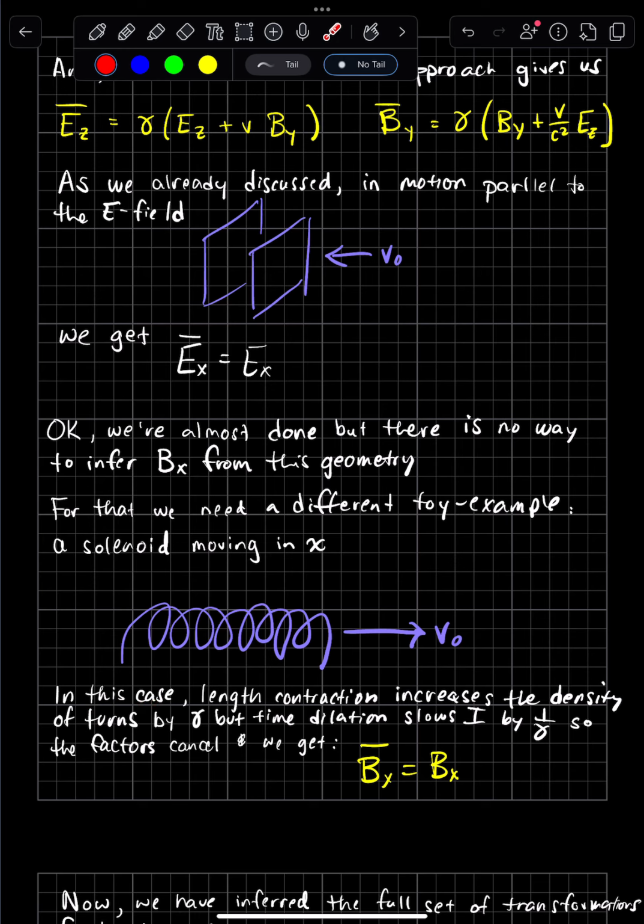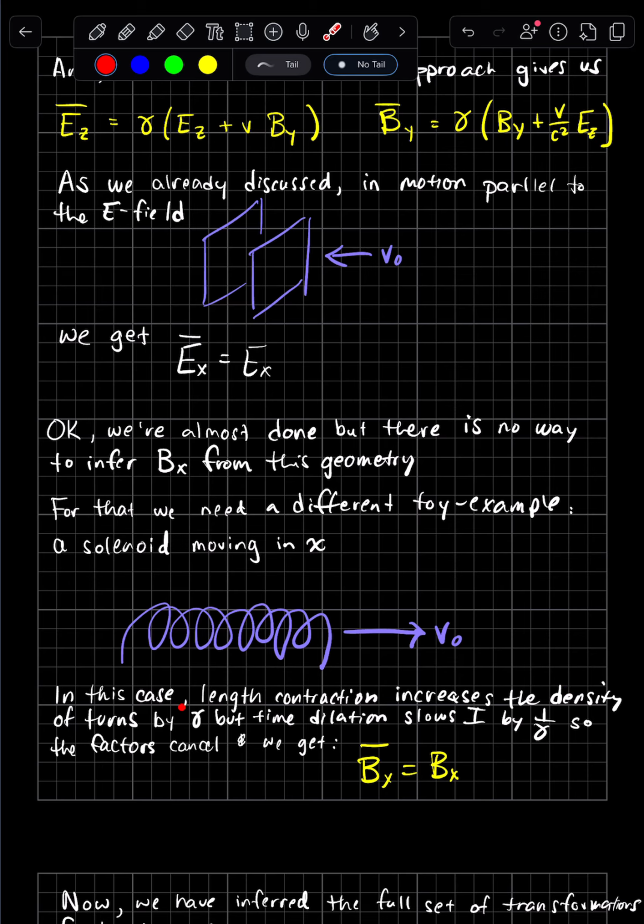Now, in this case, what happens? Well, if we boost to a frame where the solenoid is moving relative to us, length contraction means that the density of turns of the solenoid is going to get higher, which would increase the B field. But remember that the B field is produced by a current, which is charge per unit time, and the current experiences time dilation of 1 over gamma.